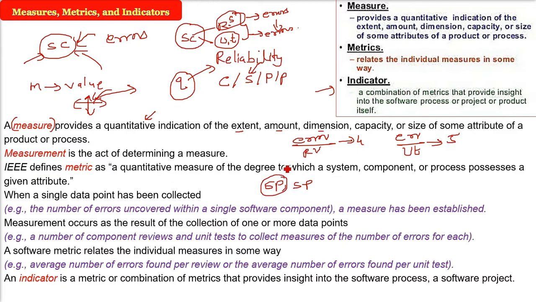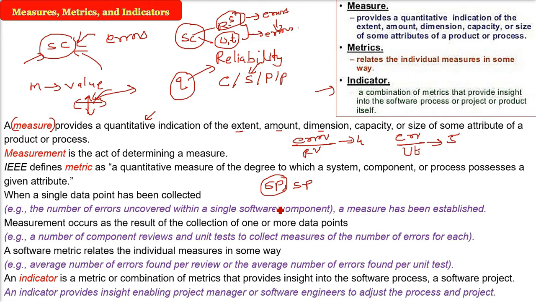So the indicator will indicate through a certain combination of values, and this is why we are calling it an indicator, because it is going to indicate to the software team, for example the project manager or a software engineer, that this is the indication, this is what you are getting, this is the number. And on the basis of this, for example, 4 is there, you need 2, 5 is there, you need 3. So now the project manager can adjust the process and project on the basis of these indicators.